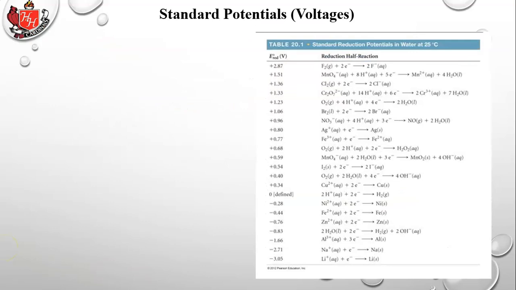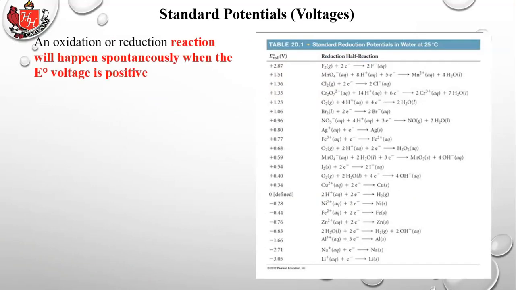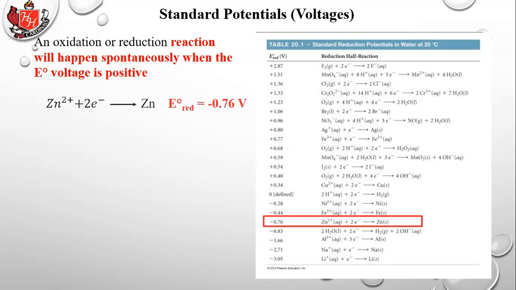Okay, now we're going to look at the zinc side of our electrochemical cell. An oxidation or reduction reaction will happen when the standard potential, that is the voltage, is positive. If it's positive, it means that reaction is naturally going to happen. It's going to happen spontaneously. So here is zinc written as you see it on the table there as a reduction. That is to say that a zinc cation is going to gain 2 electrons to become a neutral zinc atom.